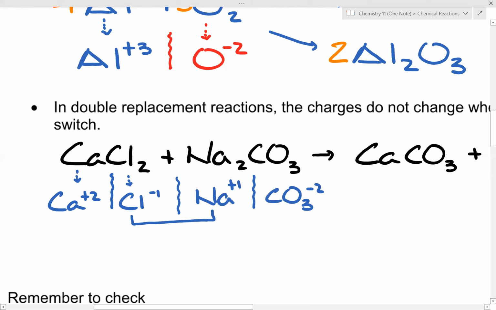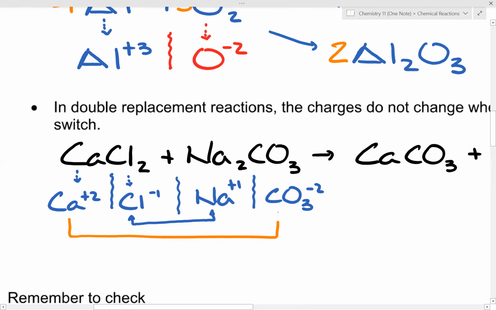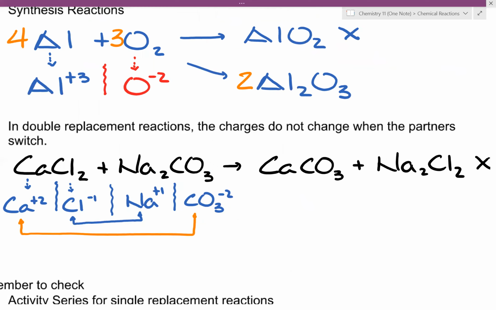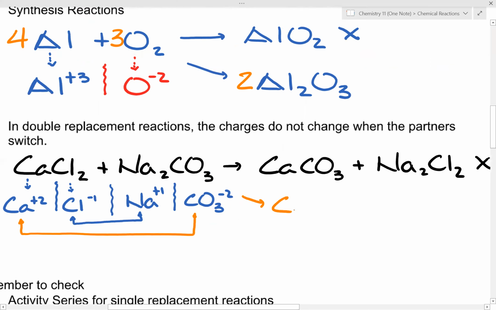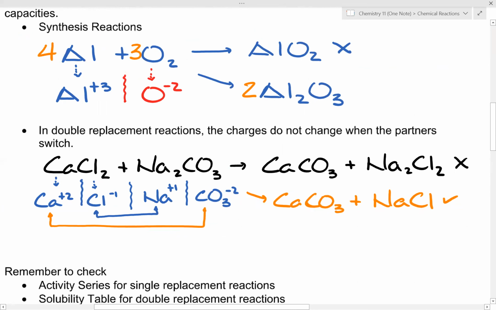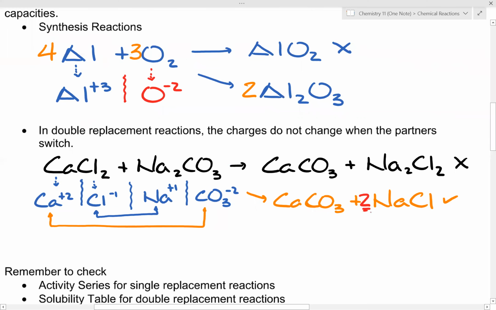Calcium and carbonate go together, and sodium and chlorine go together. So in this particular case, as products you would get CaCO3 and NaCl. This would be correct. And if we wanted to balance it to make it even better, we would put a 2 in front of the NaCl.